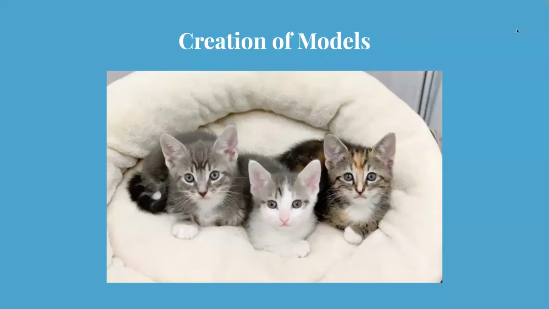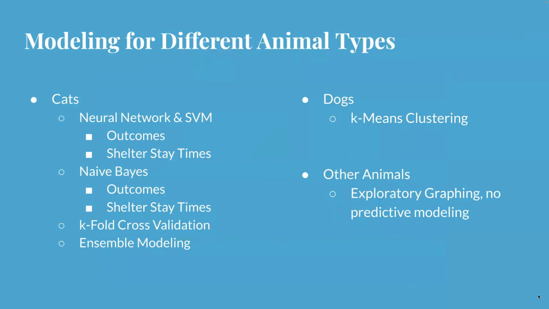So now we're going to go through the creation of the models. For cats, I did modeling of outcomes and shelter stay times with neural networks and SVMs. I also did an analysis of those two variables with naive Bayes.